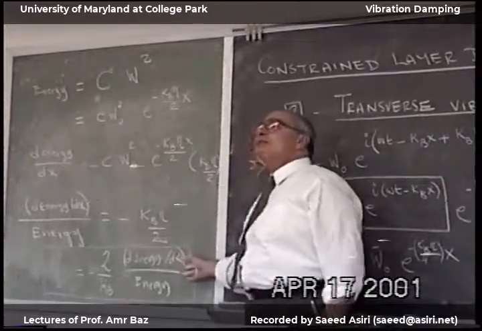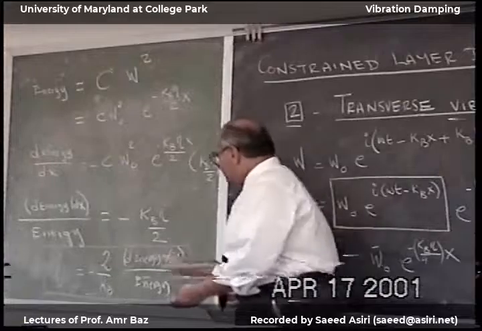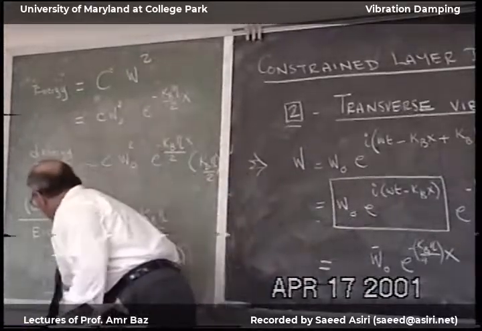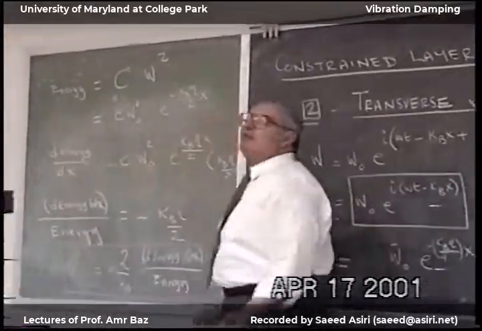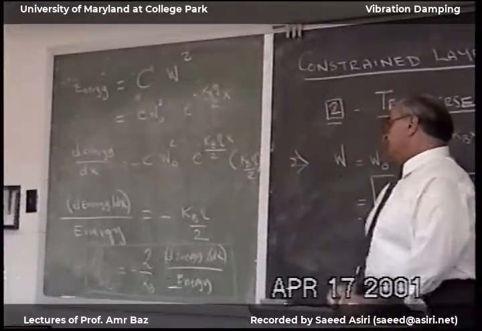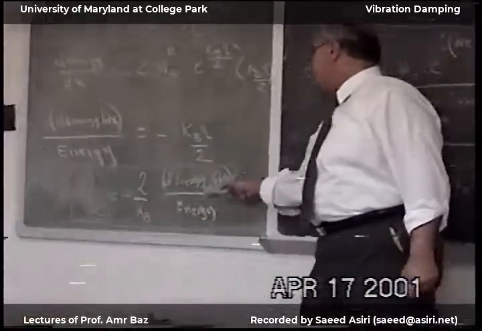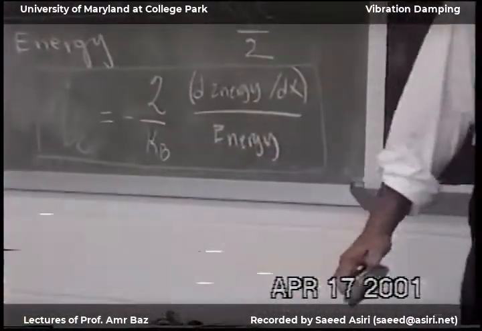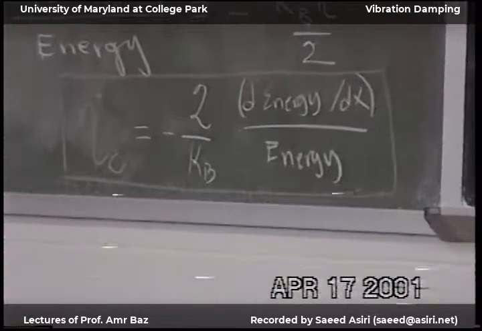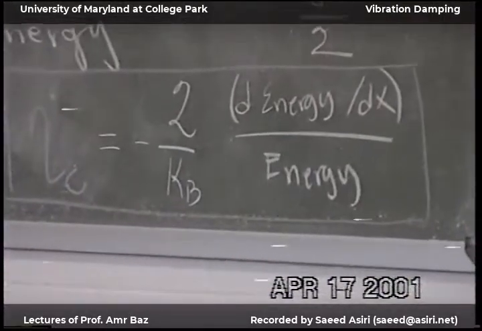So we can determine the equivalent loss factor for the system, and I'm going to put this C for the constrained layer assembly. Okay, now this number, we have the equation here.